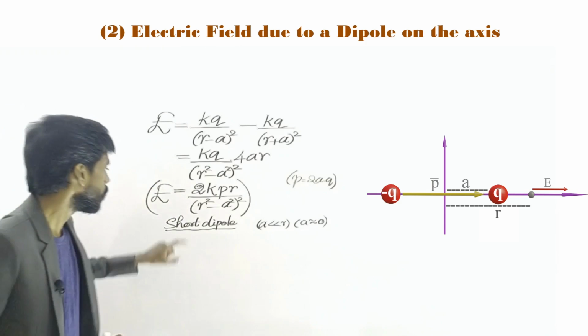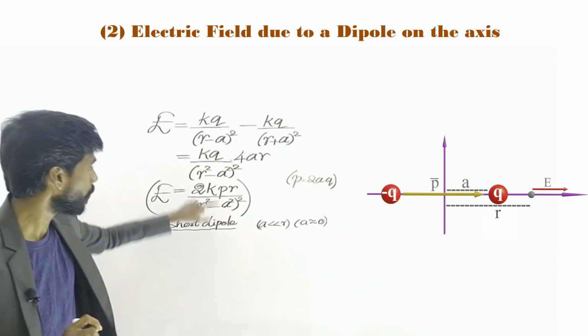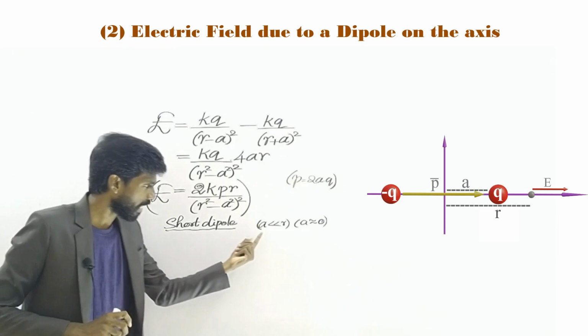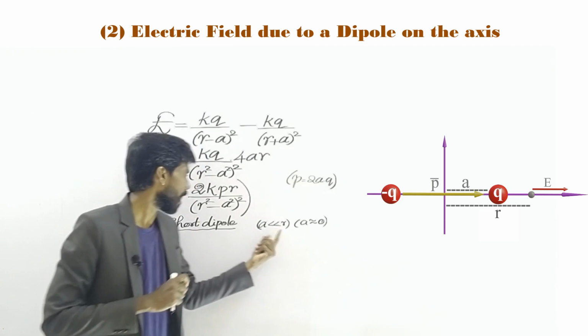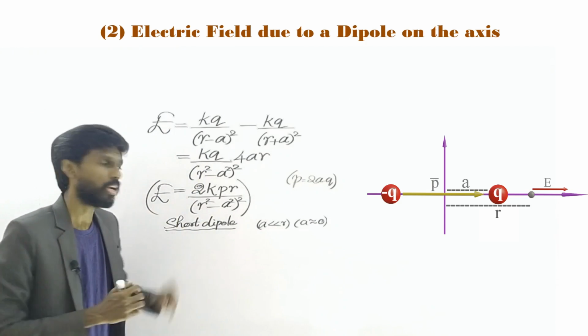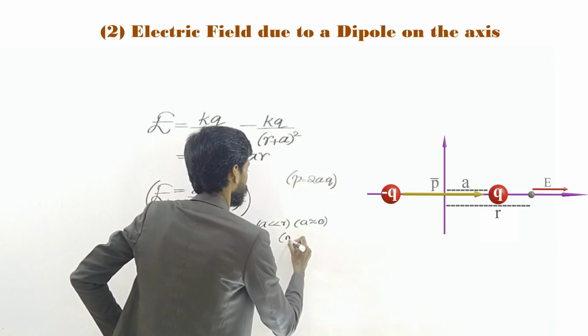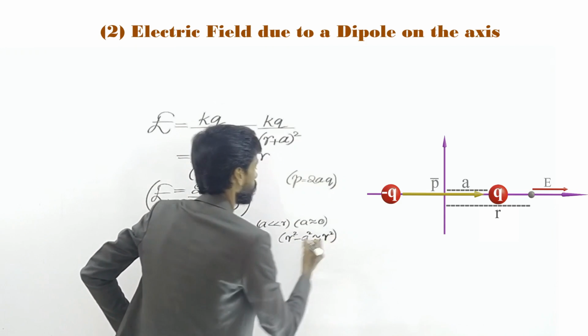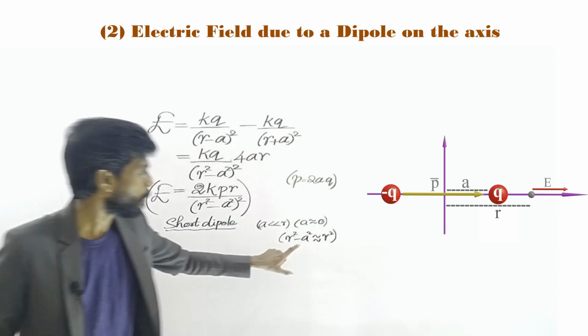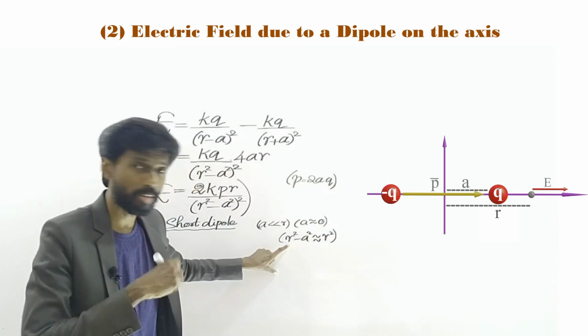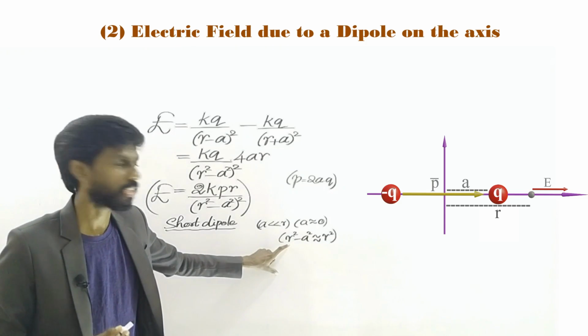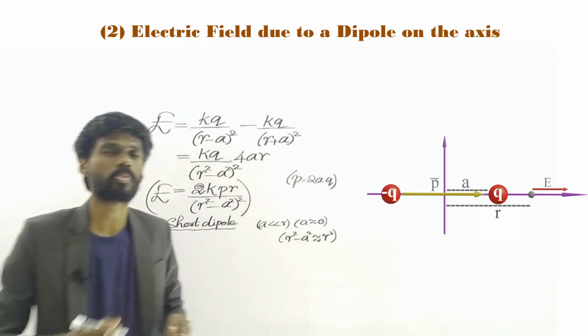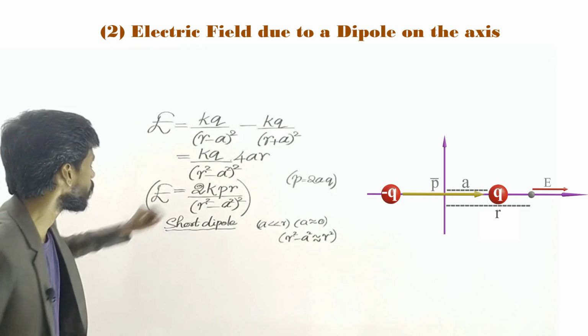Short dipole is important. So for a short dipole, what will be this formula? When a is very, very less compared to the distance r, r squared minus a squared can be approximately taken as r squared only, because a is very small. If you subtract that from this very big value r, it will have no effect. So what will the formula become?